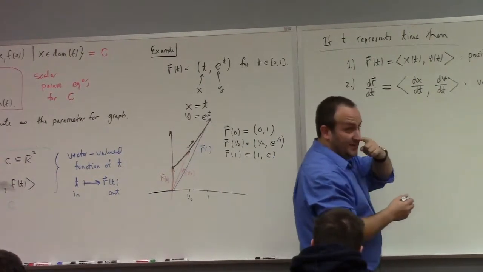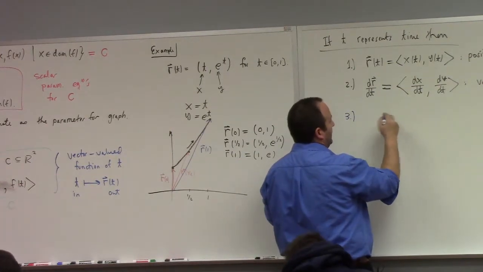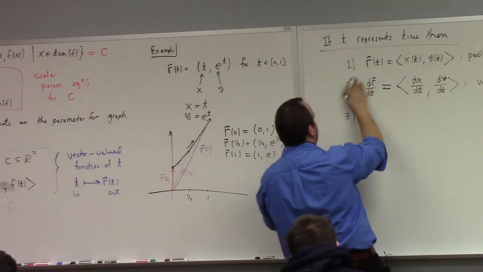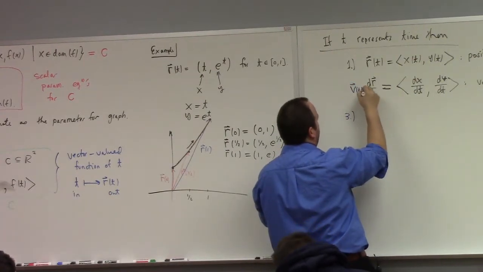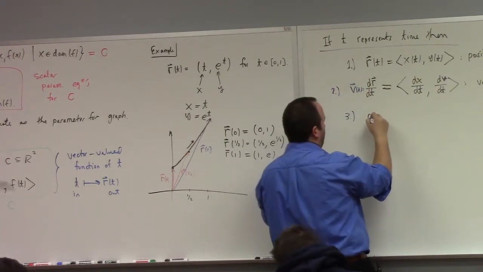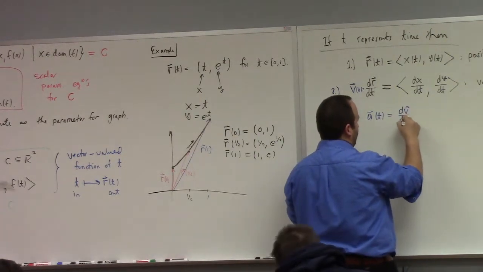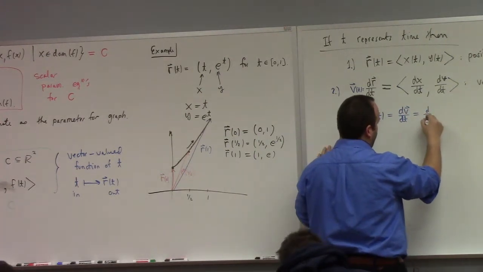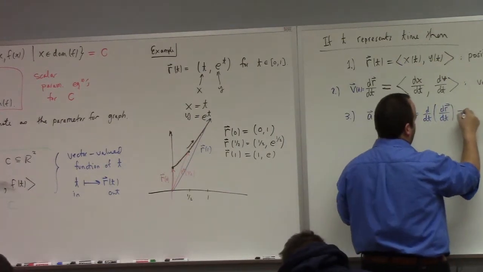So that's velocity. What do you think's next? Yeah, by the way, we have a reserved letter for this, which is v at time t. So acceleration at time t is dv/dt, which we could also write as d/dt of dr/dt, which you're like, please, more notation.